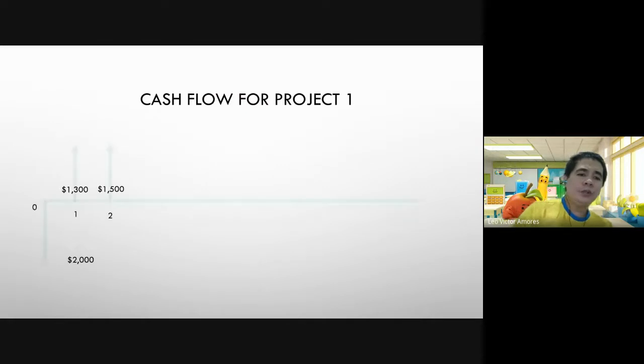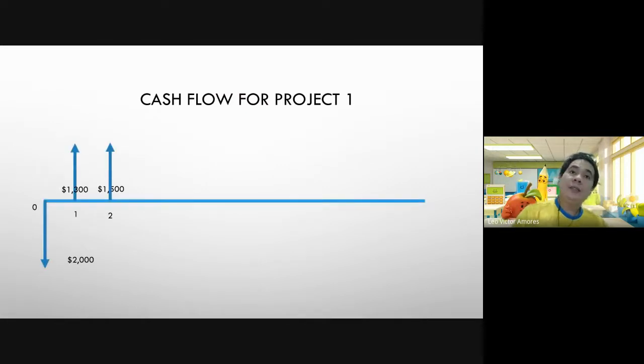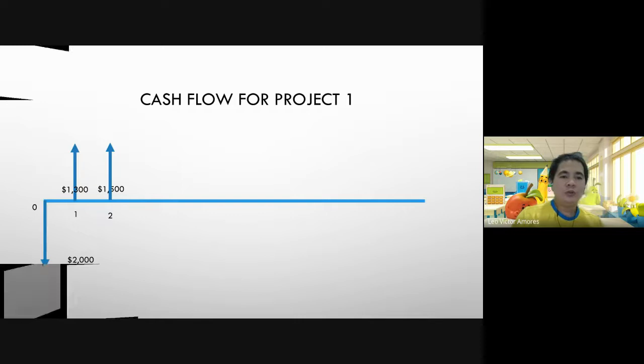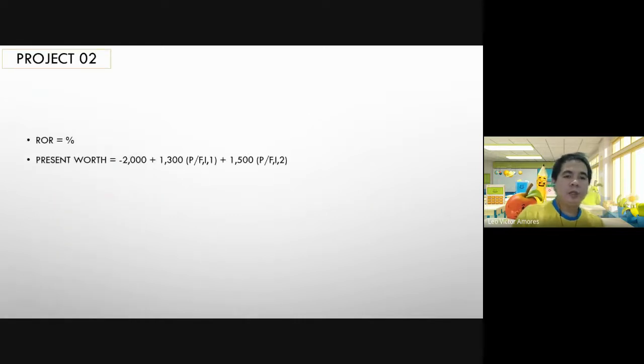So for project 2, you have 1 cash out and 2 cash inflows. So in terms of formula, you just get the present worth.